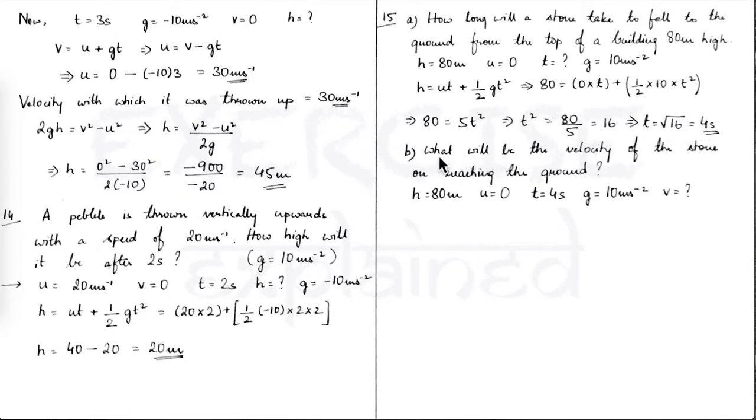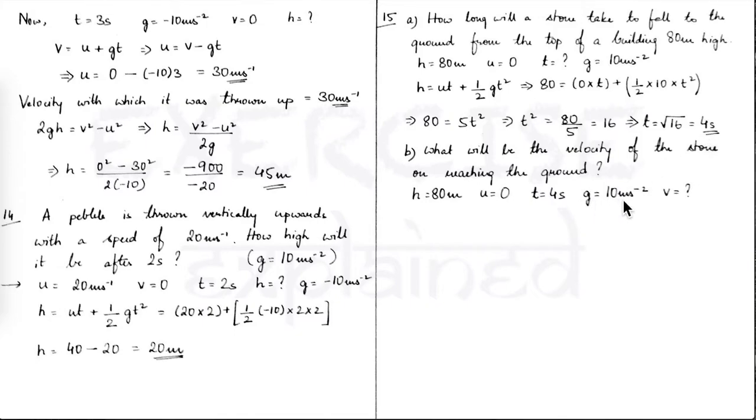Now there is a B part of the question also, which asks what will be the velocity of the stone on reaching the ground. So we need to find the final velocity. The given data remains the same as I have written here. H is equal to 80 meter, U is equal to 0. T happens to be 4 seconds since we found it out here.